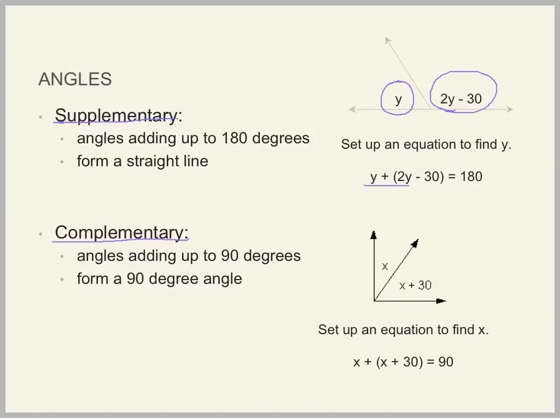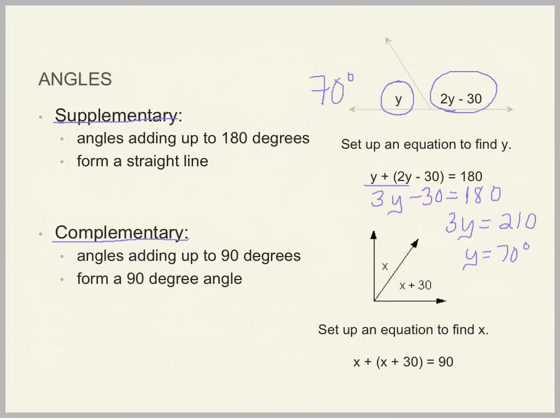I'm going to combine like terms to say that 3y minus 30 equals 180. Adding 30 to both sides, I see that 3y equals 210 degrees. And dividing by 3, I find that y equals 70 degrees.